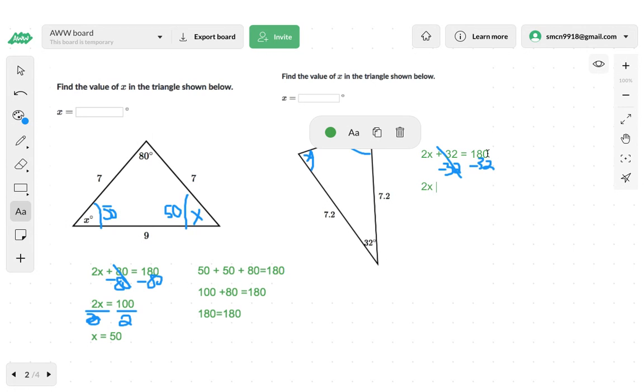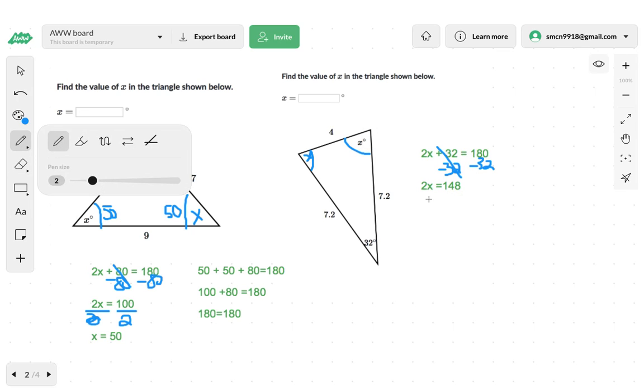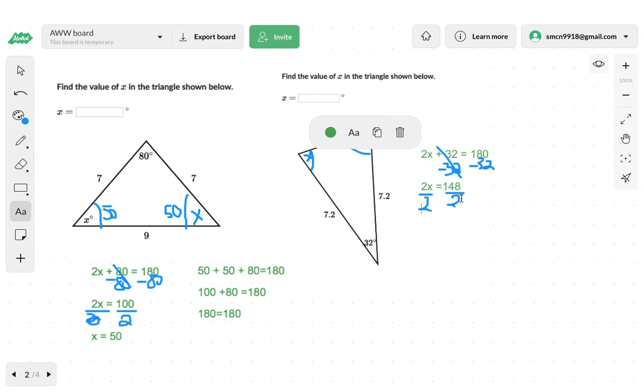I'm going to bring down my equation. 180 minus 32 will give you 148. And then my last step, to get x alone, I'm going to divide by 2. I'm going to be left with x equals 74.